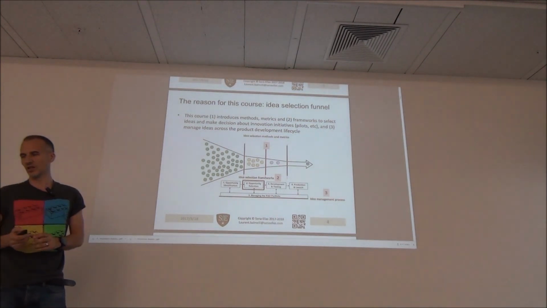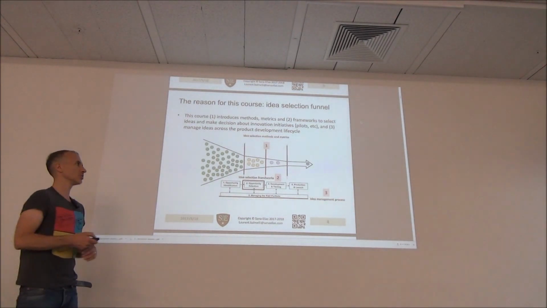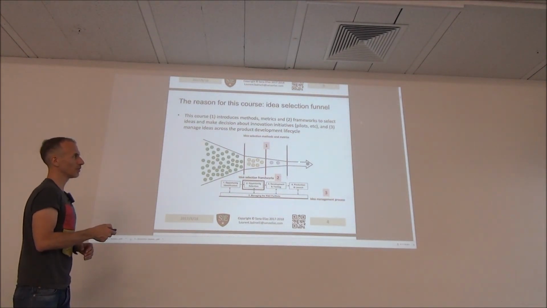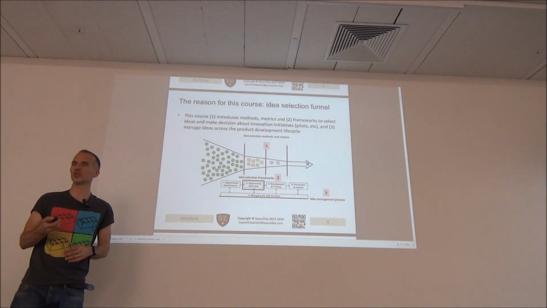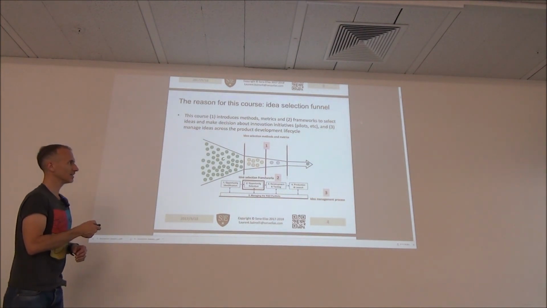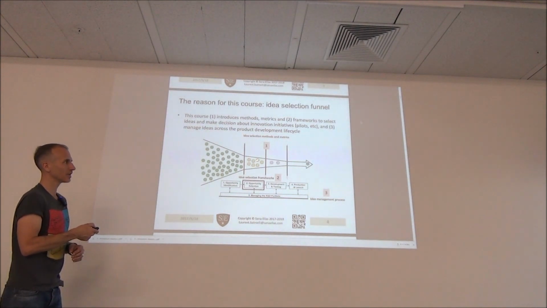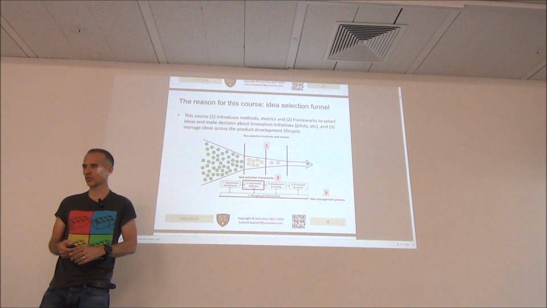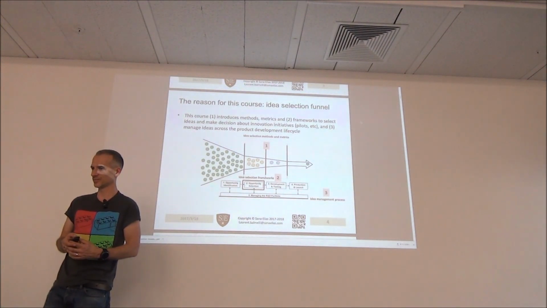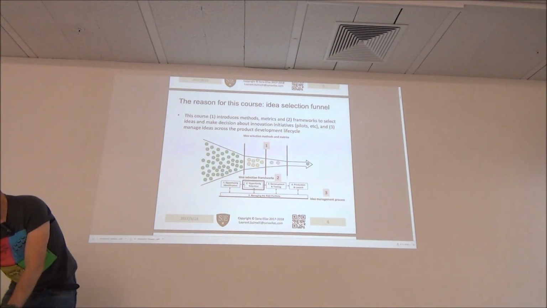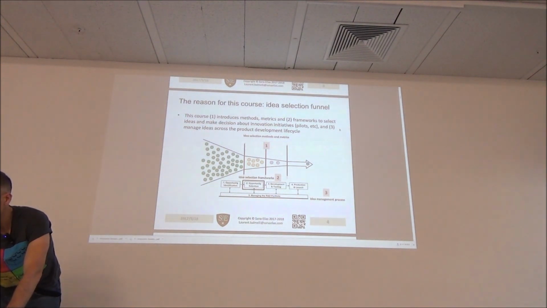So the idea selection funnel is really the goal and we will manage this with the tool. Here we have all the ideas, and only a few of them end up here, and only a few of them end up here. But all these ideas stay in the tool at any time. Okay? So that's the first reason for this course.